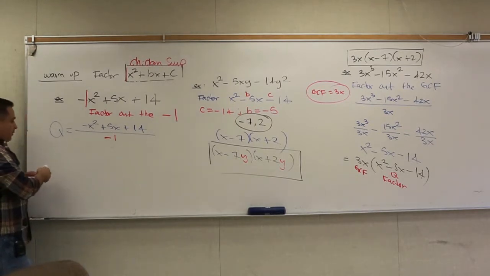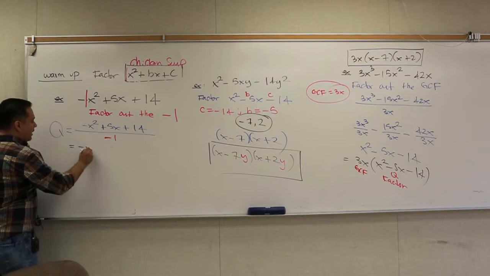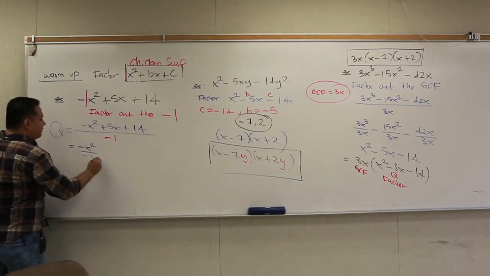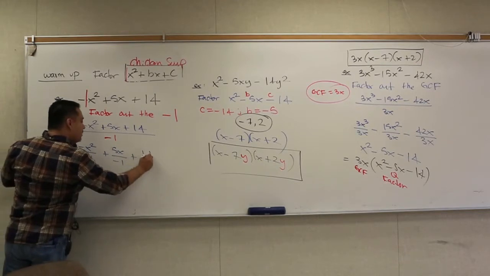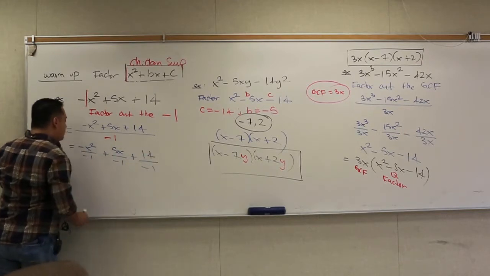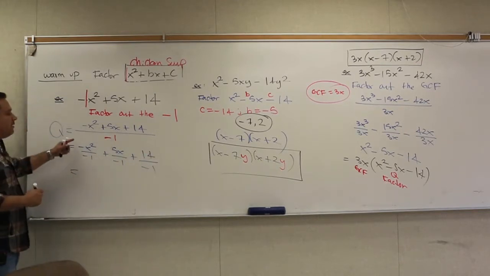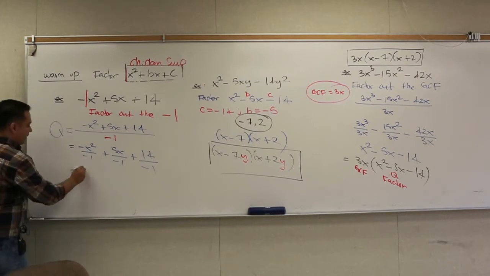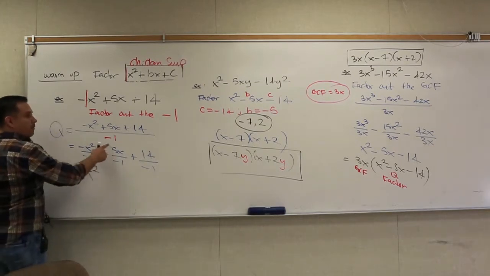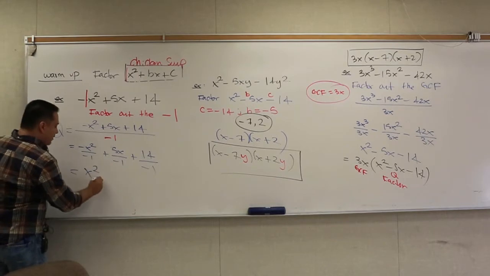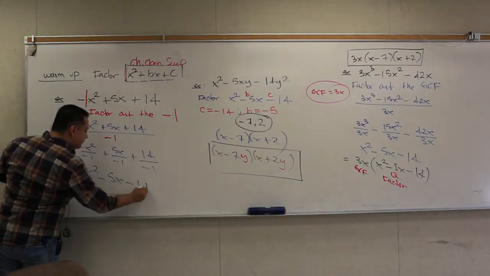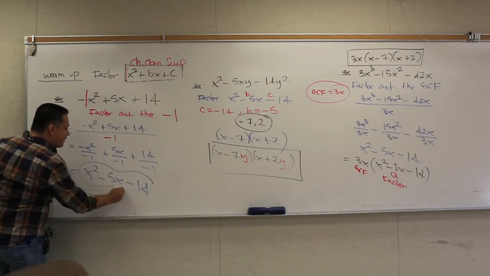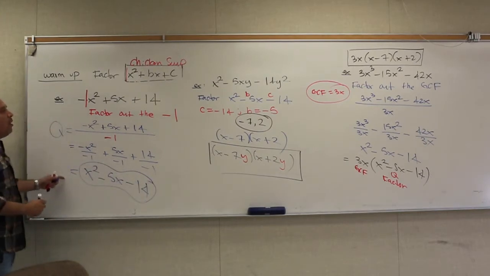Okay? So here we go. We're going to have negative x squared over negative 1 plus 5x over negative 1 plus 14 over negative 1. What's negative divided by a negative? It's x squared. Positive divided by a negative. Here's my what? That's the quotient.